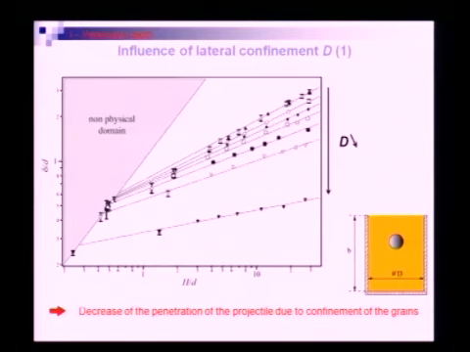Before, this was the unbounded case. And we see that when D decreases, the exponent alpha decreases too. Moreover, we also see that the prefactor A decreases too.